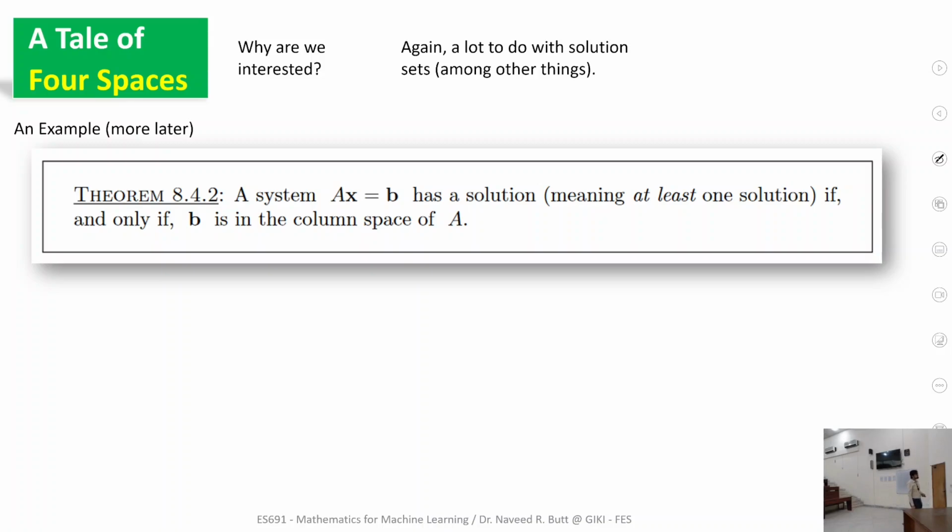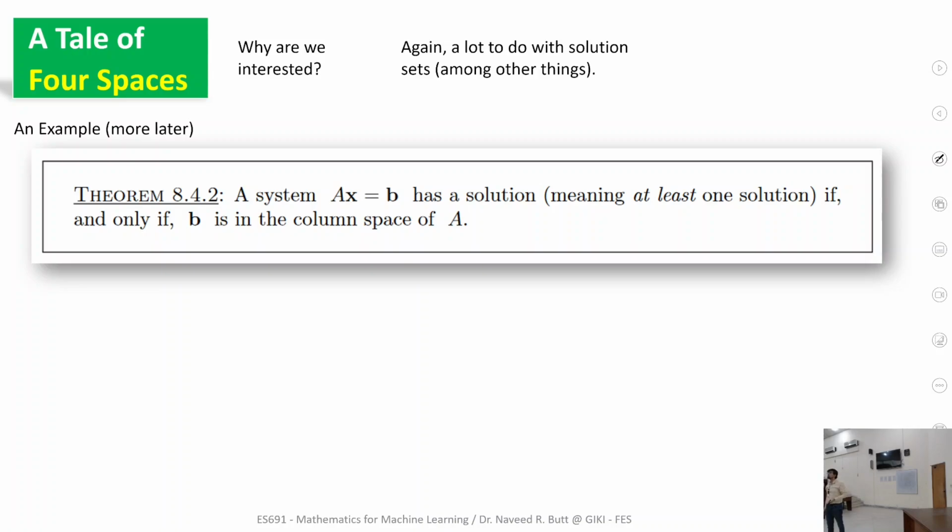So like for example this one theorem, a system Ax equal to b has a solution, meaning at least one solution, if and only if b is in the column space of A. Agree करते हैं आप? समझ आ रही? क्यों है ये? You can already tell if the solution will exist or not if you know the column space of A. If b is not in the column space of A, there is no solution to this.